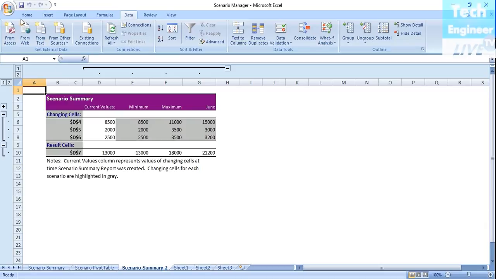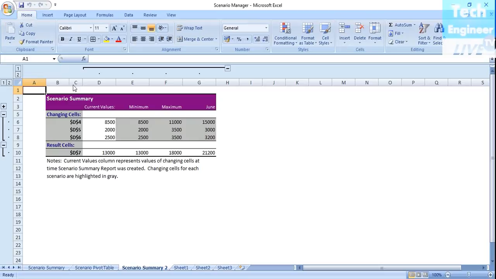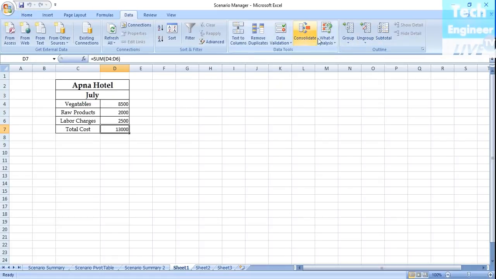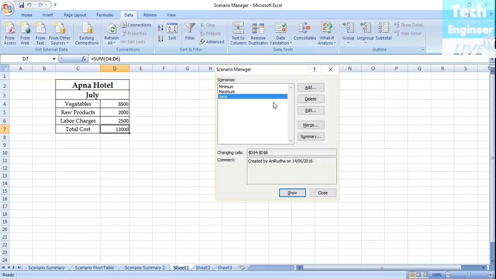At current values, as we already discussed at sheet 1, there is a possibility like a database. Once again, if I go with minimum, maximum, June month, the total price. So we go with scenario basis and the current value as well.